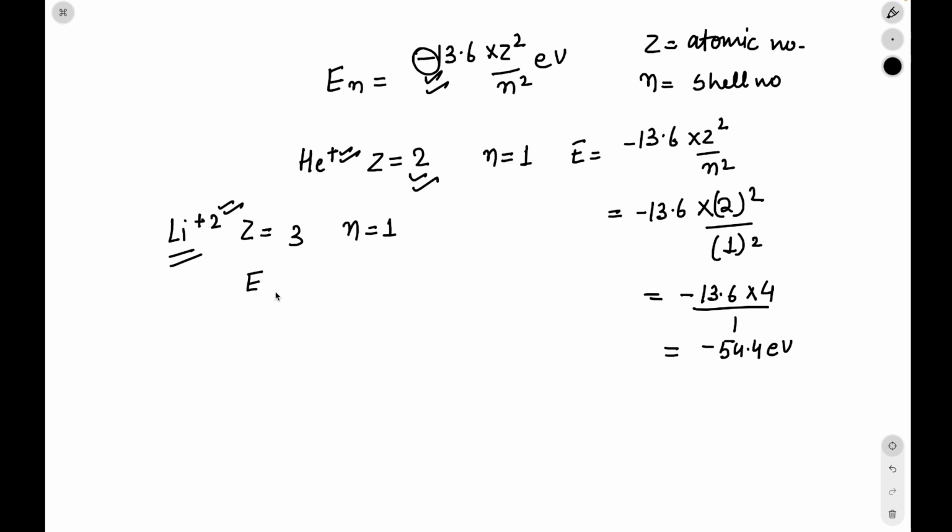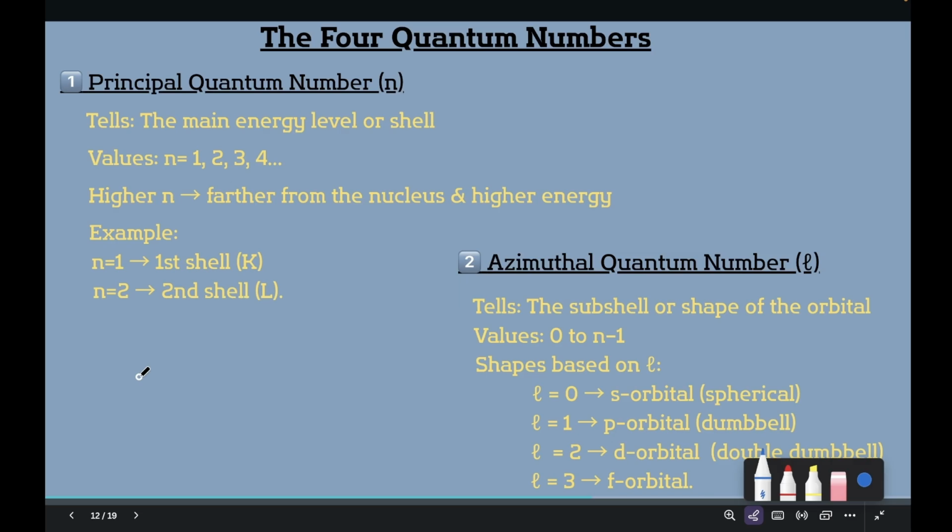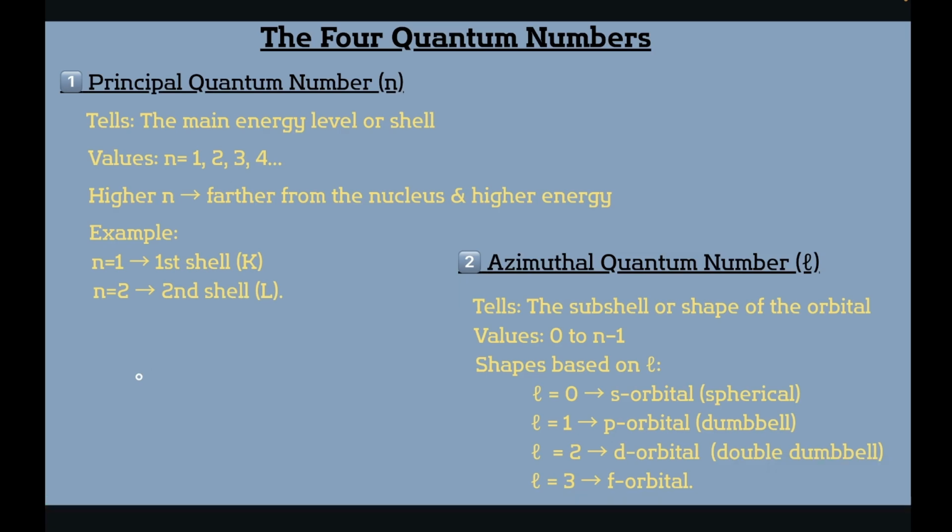Now we will calculate the energy of that electron: minus 13.6, put the value of Z, 3 square upon, now put the value of n, minus 13.6 into 9 upon 1, and we will get the answer minus 122.4 electron volt.